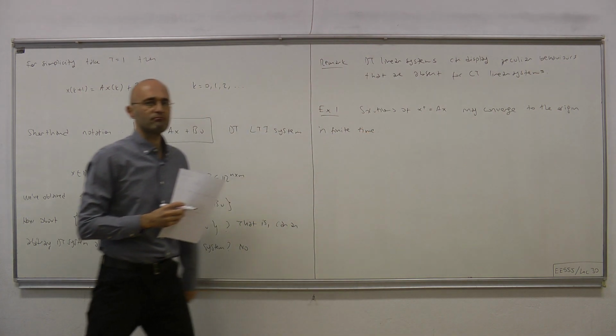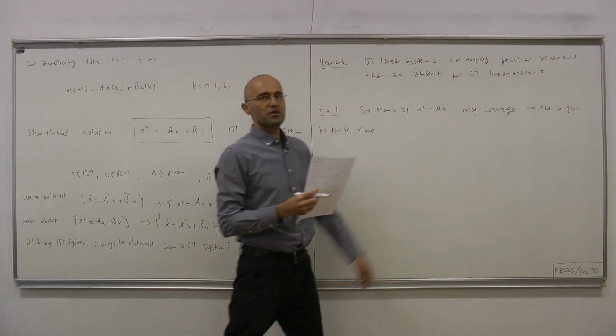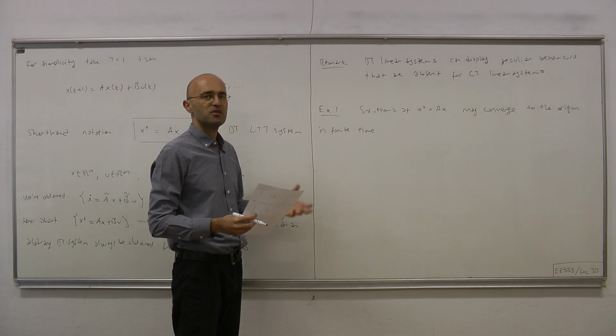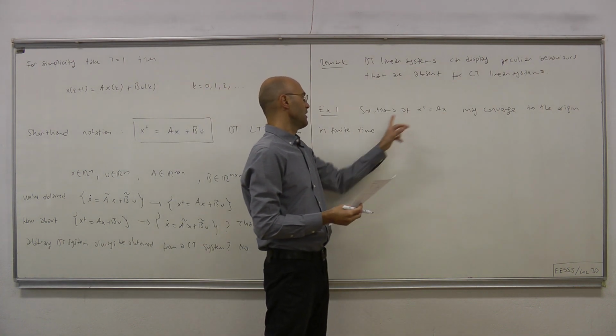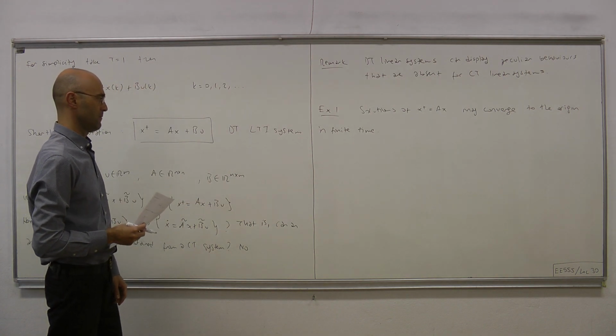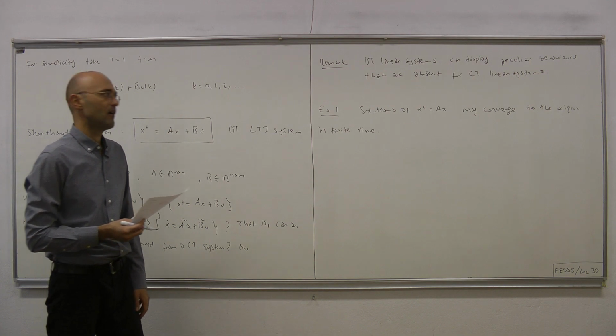That is, you start from an arbitrary initial condition and you run the system, and after finitely many steps, let's say n steps, then x sits at the origin, which is our equilibrium point. Such a thing cannot happen in continuous time.